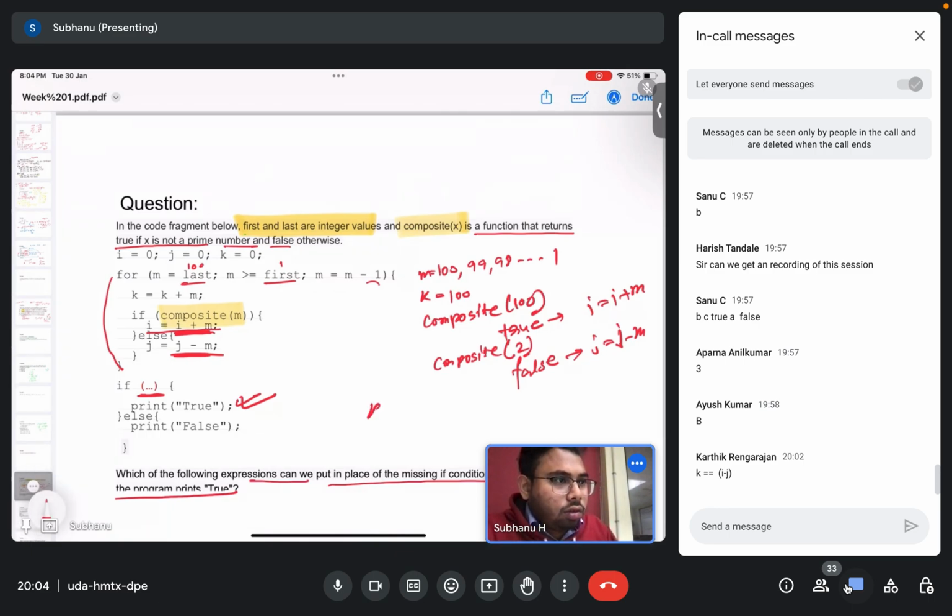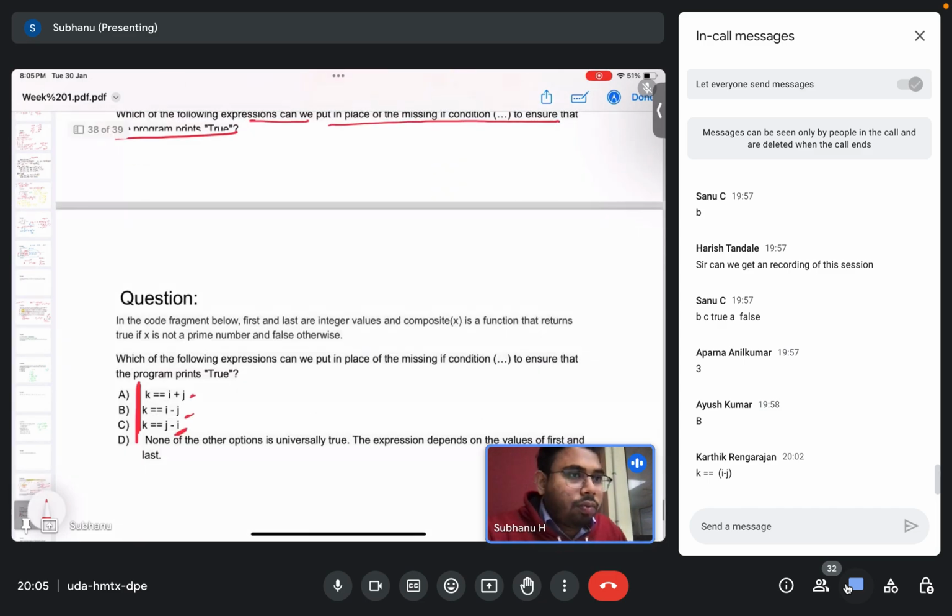When composite, k plus m is equal to i plus m minus j. When prime, it will change like k plus m is equal to i minus j minus m. So what should I put here? k is equal to i minus j.